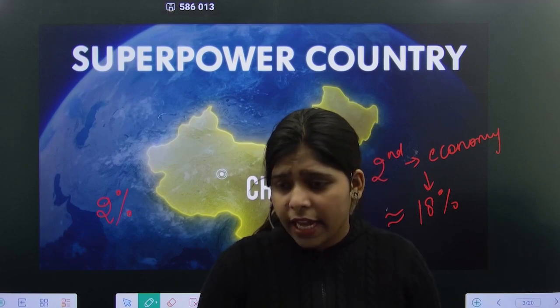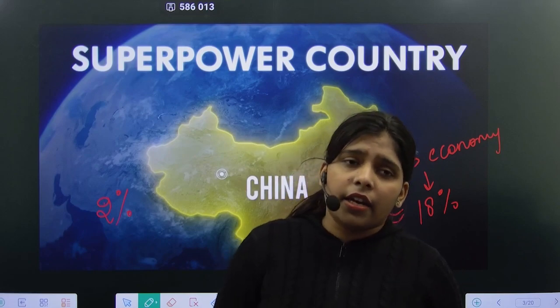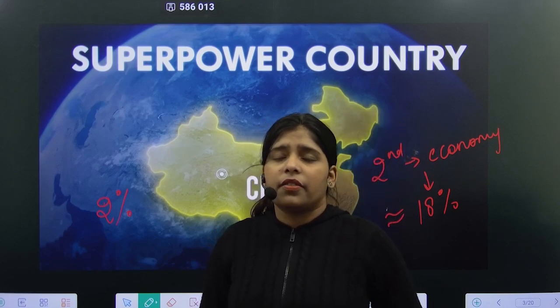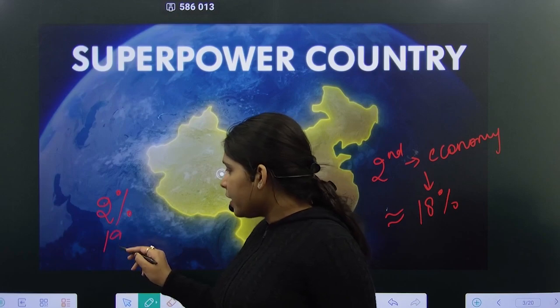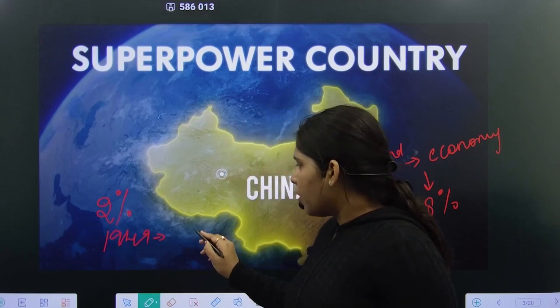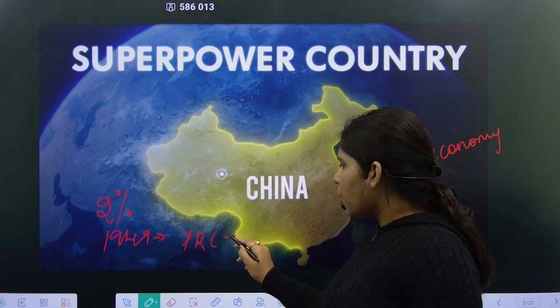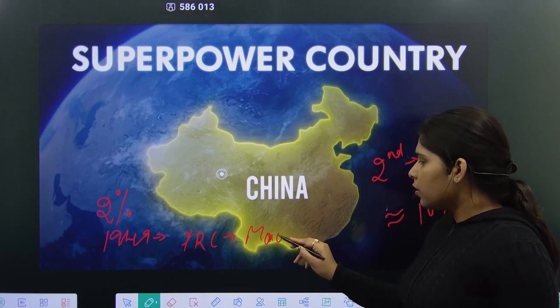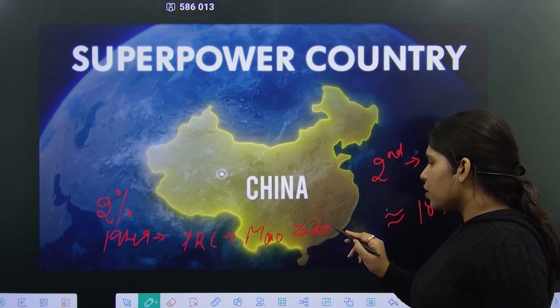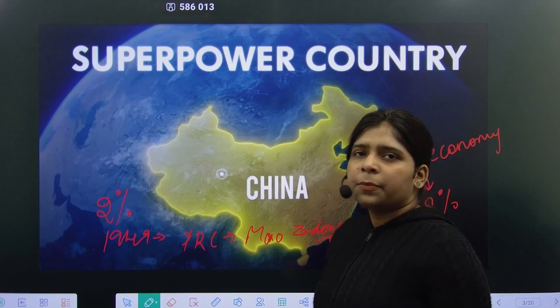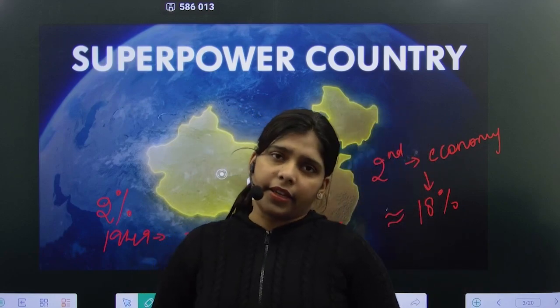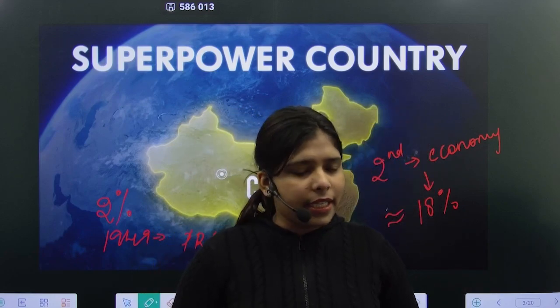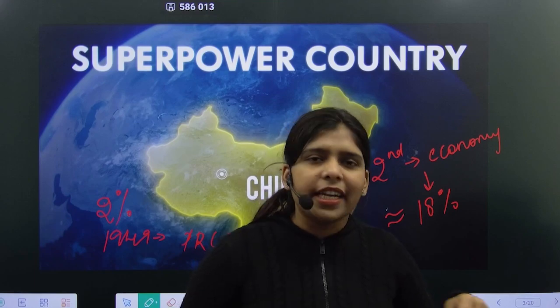All those who think that I am exaggerating, saying that, oh no, China started its development ever since 1949, when PRC was established and Mao Zedong came to rule, you guys are wrong. Because when Mao Zedong came to power, China was not thriving. What had happened is that it had just risen from the state of colonization.